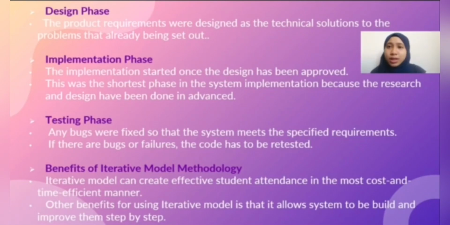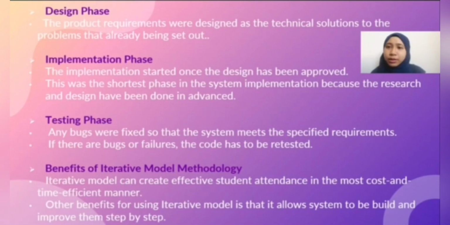Then the second last is testing phase. Any bugs were fixed so that the system meets the specified requirements. If there are bugs or failures, the code has to be retested. Then the last one is benefits of iterative model methodology.